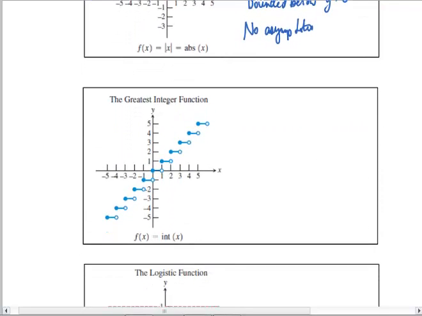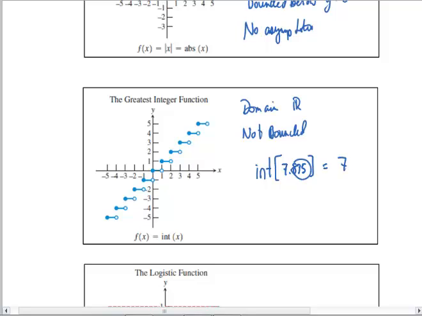The greatest integer function. Domain is all real. It's not bounded. Basically, I'll explain in class what the function is all about, but if you put a number into this greatest integer function, let's say the greatest integer of 7.835, it just cuts off all the decimal places and makes the answer 7.